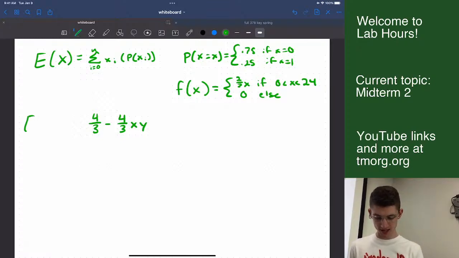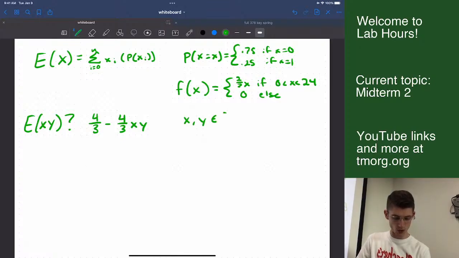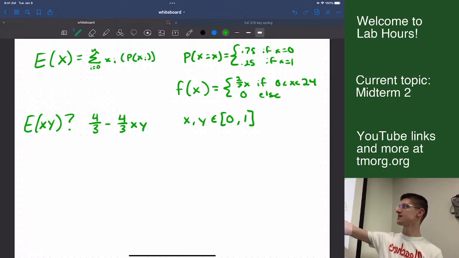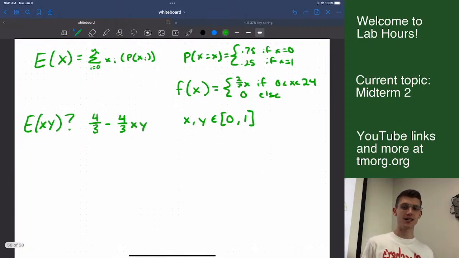What if I wanted to find the expected value of xy in regards to this function? Well, that's pretty simple, right? Also, let's recall that the bounds of x and y were 0 to 1. This notation means that both x and y are elements of the range 0 to 1, right? Once you take Math 290, if you want to get your math minor, you'll become intimately familiar with that notation.